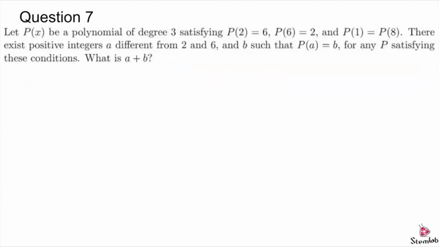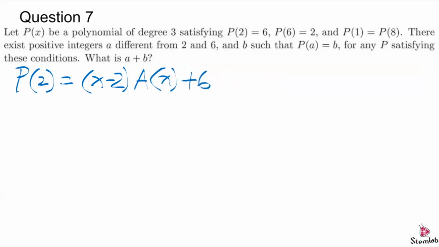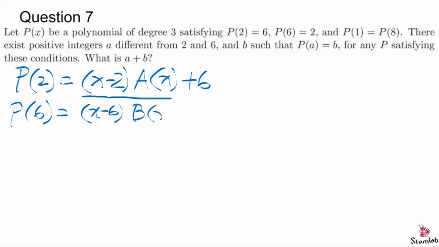So p of x can be written as x minus 2 times some other polynomial of second degree, a of x, plus 6. When you plug in 2, this term goes to 0 and we only end up with 6. In the same manner, p of x can be written as x minus 6 times some other quadratic plus 2.